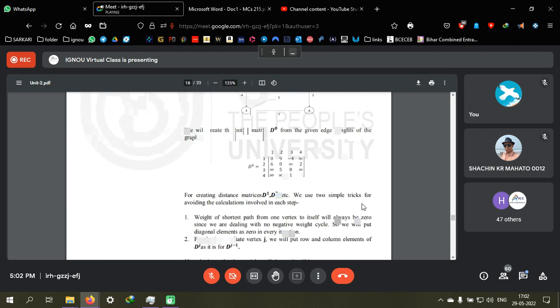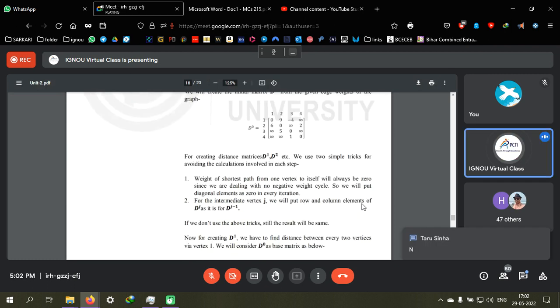So here we have to find D1 and D2, and all the other matrices so that I can get a value of each and every point. Right? Because what did we do in the Dijkstra algorithm?